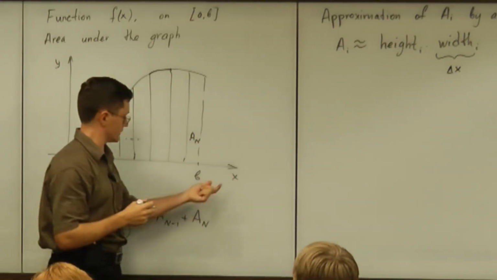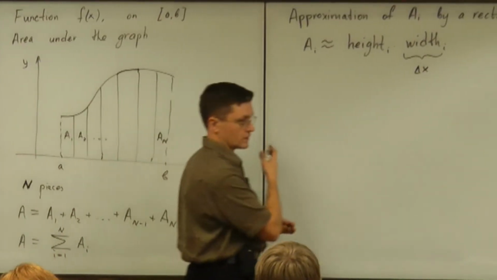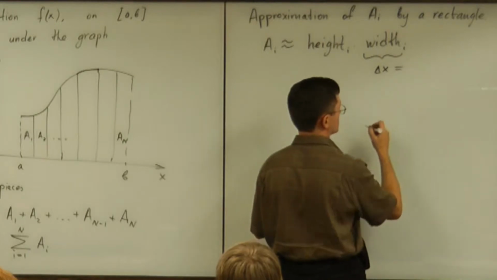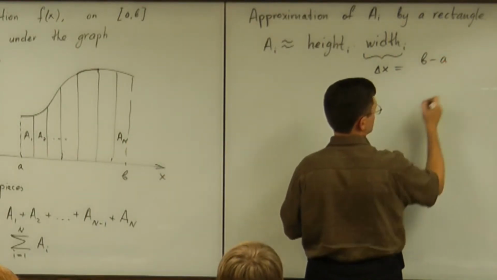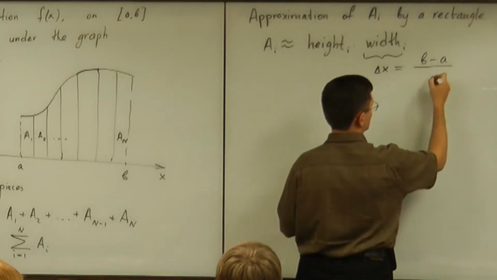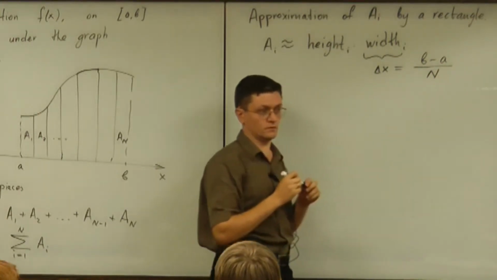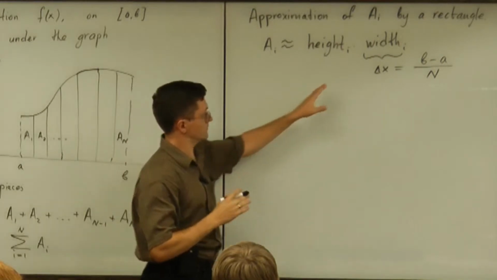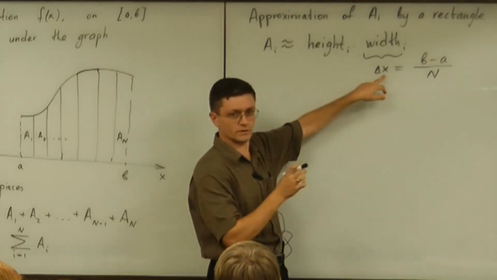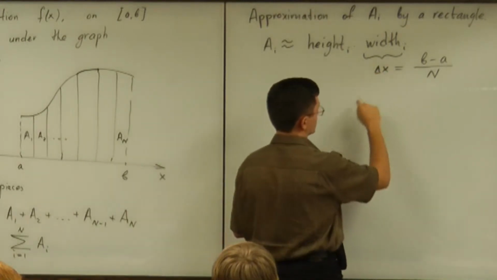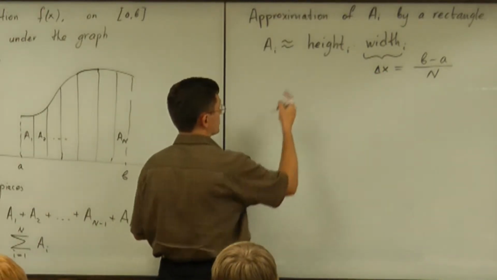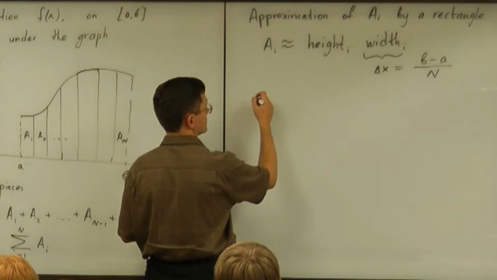It is denoted by delta x, and we know exactly what it is. Right? It's the length of the whole interval, which is b minus a, divided by the number of pieces. But as soon as we assume that all the widths are the same, that's exactly the width of each piece.